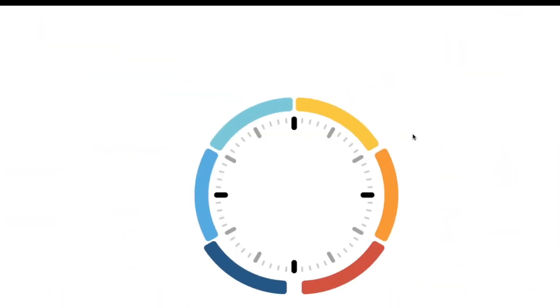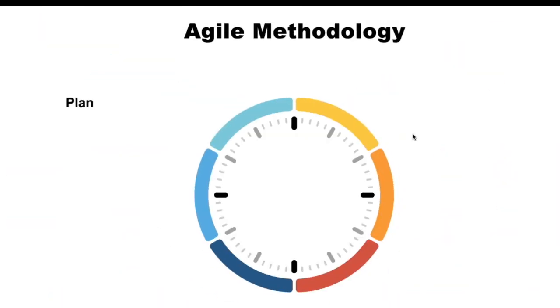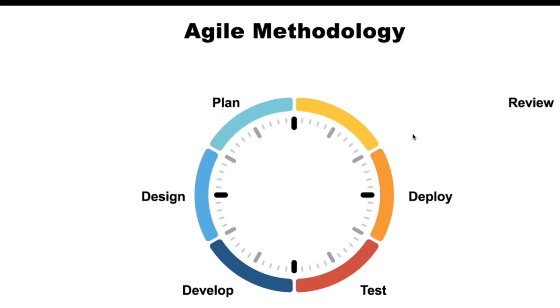and DevOps follows the agile methodology, which has planning, designing, development, testing, deploying, and review. So this is the agile methodology which is used by DevOps. Each stage has multiple roles.